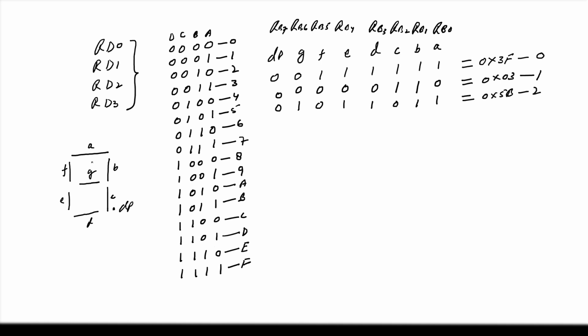To display the number 3 on this 7 segment display, segment F, E and dot point will be off. So segment E will be off, F will be off and dot point will be off and all other segments will be 1. And the equivalent hex number is 4F, that is 0x4F, and will display the number that is 3. To display the number 4, segments A, E, D and dot point will be off.